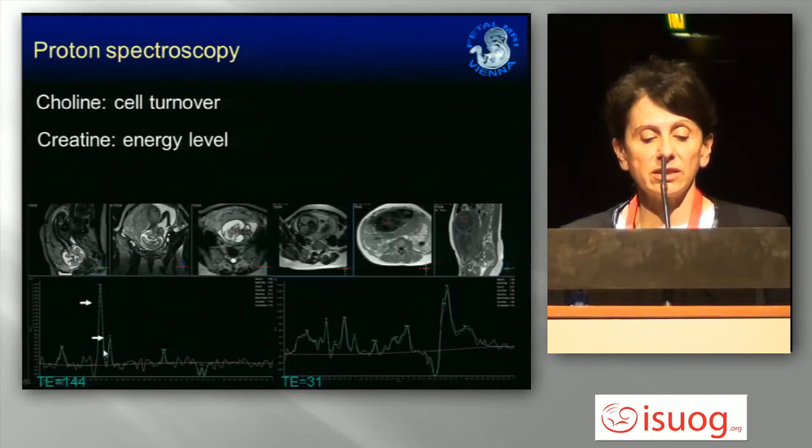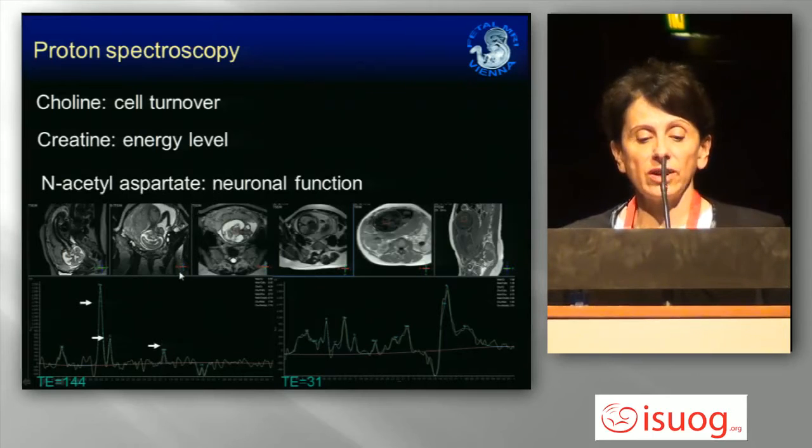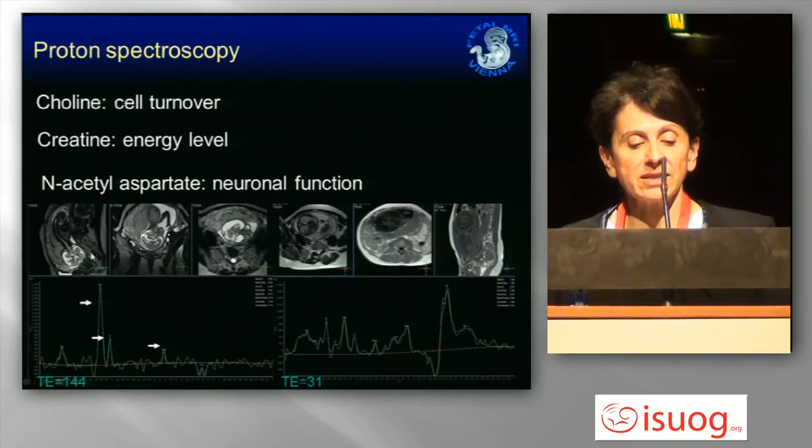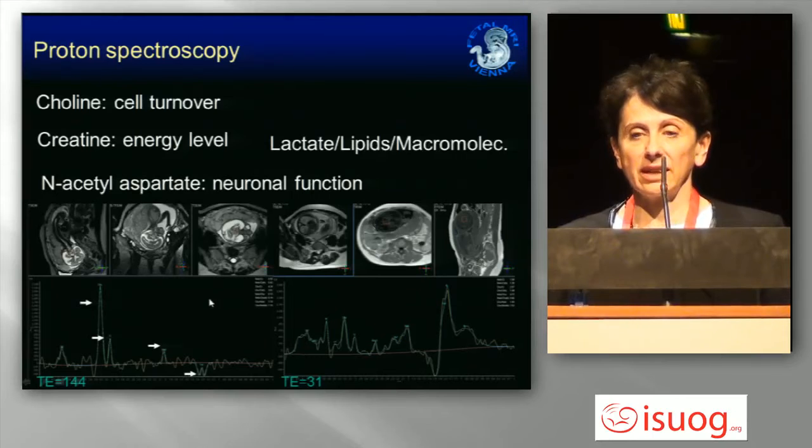Then you can see creatine as source of energy level, and N-acetyl aspartate, which is a marker of neuronal function and which will rise while the choline peak goes down, and then you can see lactate.